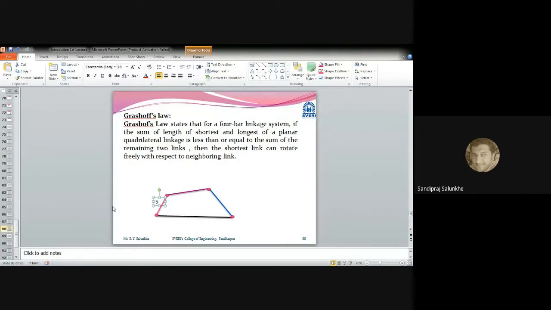I'll give a name to each point. Suppose this is point A, and likewise four different points are there. We'll say this point is B.